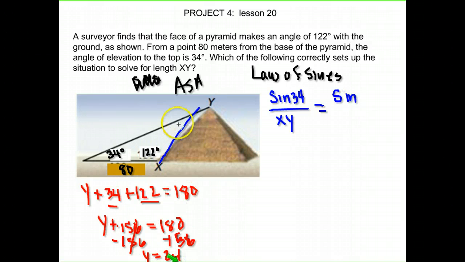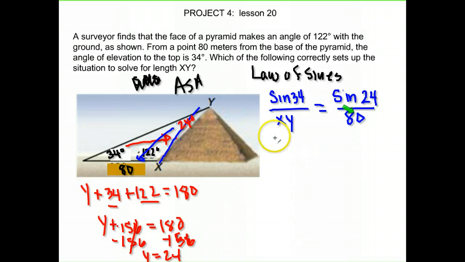So that tells me this angle here is 24 degrees, and now I can finish setting up my law of sines. So I had the sine of this 34-degree angle over the side across from it, my xy, should equal the sine of another angle, 24, I found out, over the length of the side across from it, which was a length of 80.